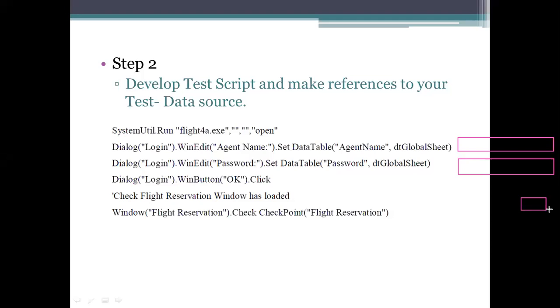So whenever we click on that one, which has to be initialized, we need to check that the flight reservation window is loaded when we click on that OK button. And next, we need to get into this flight reservation menu. In that menu we will select the items.